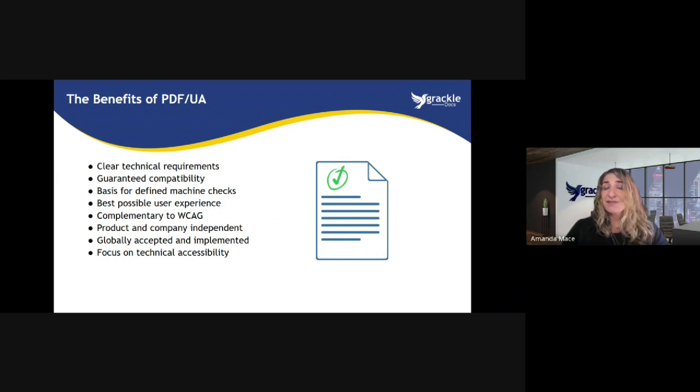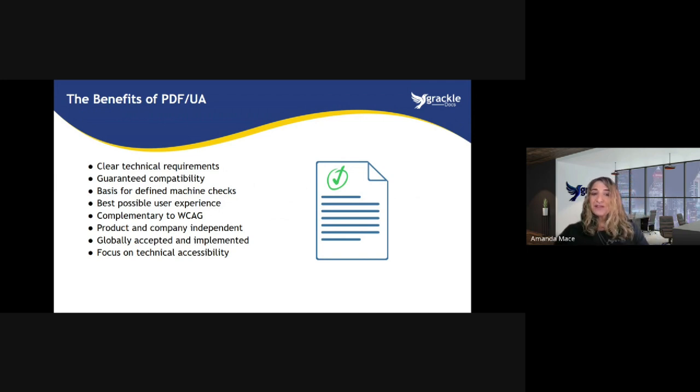So as someone who lives in Australia, I can tell you that the recent advisory guidance from the Human Rights Commission here in Australia is now quoting PDF UA when you publish a PDF document online, right? So here in this region, we now have rules saying, hey, if you want to avoid litigation and you're producing PDFs, they need to be PDF UA compliant.